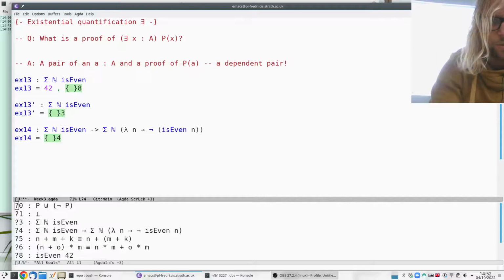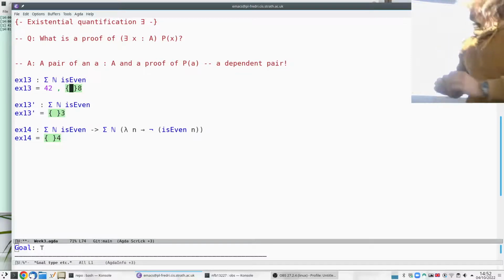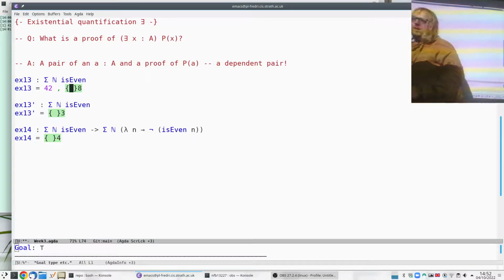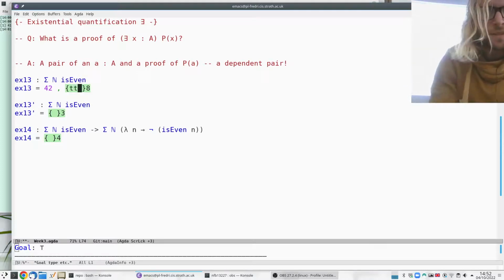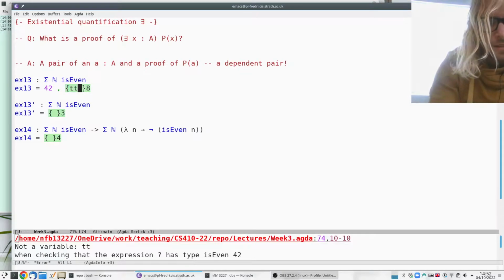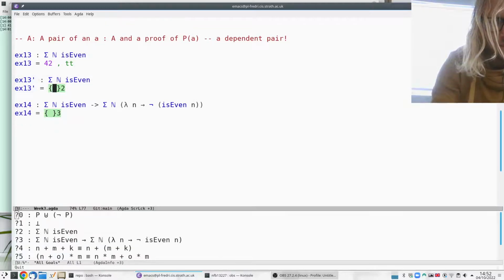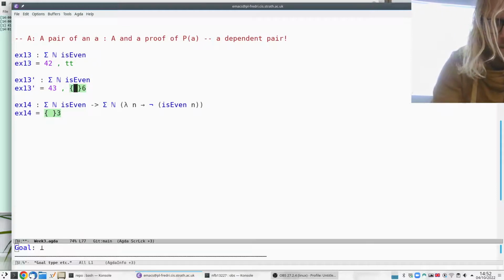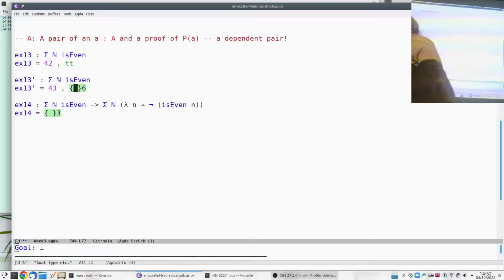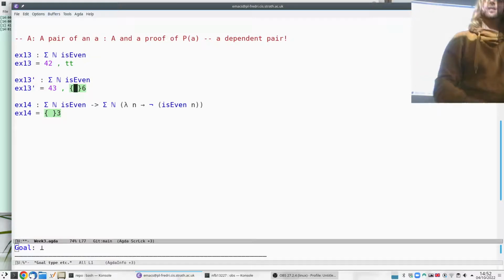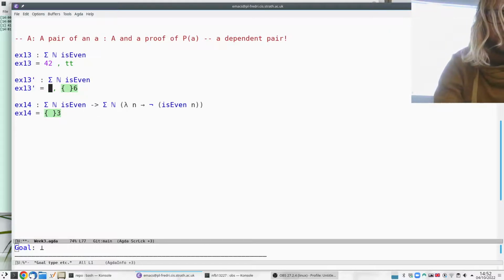And then here I have to give a proof that 42 is even, which just computes down to true. Whereas instead, if I try to show that 43 is my witness, then here I have to give a proof of false. It's not true. So it has to be an actual witness.